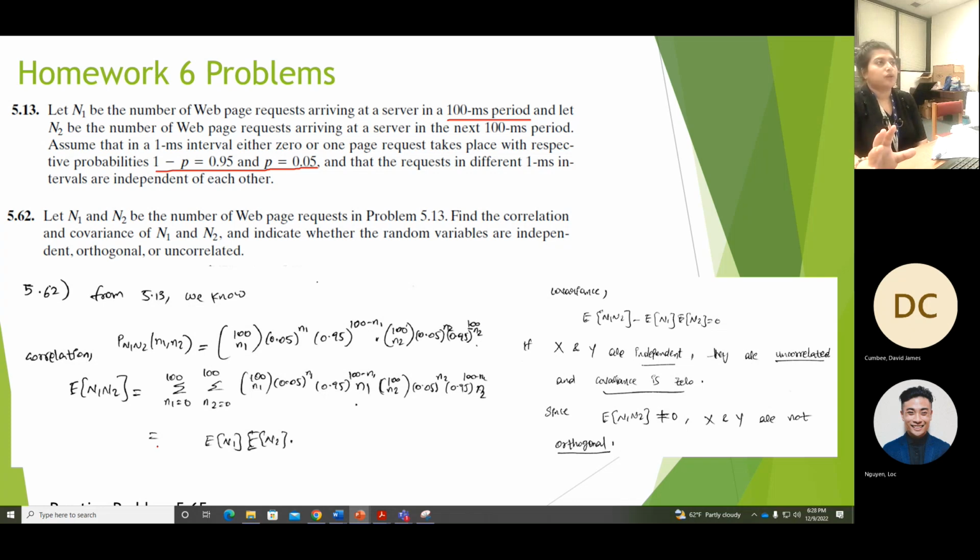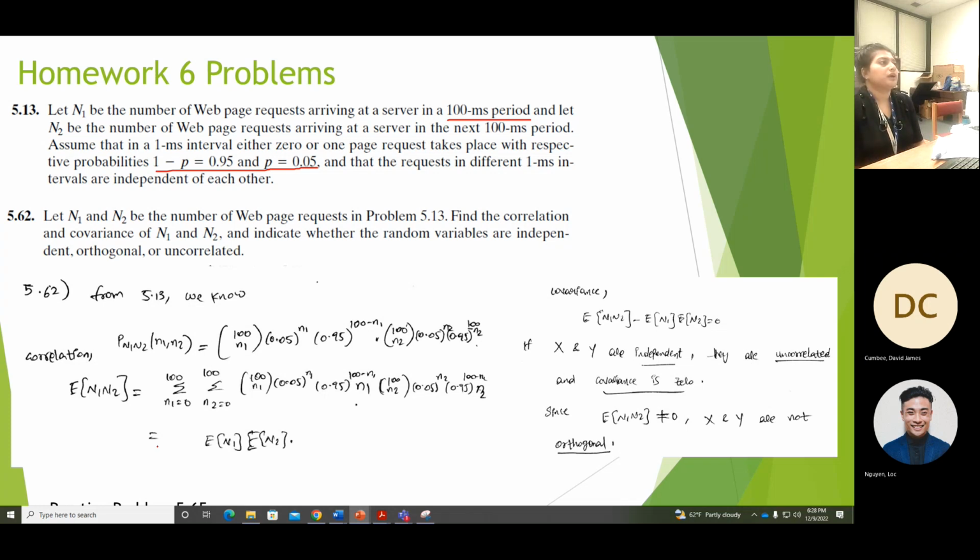That's all we have. So N1 and N2, what kind of random variable is that? You can use Poissons. I have used binomial out here because it's a 1 minus P and P kind of architecture. You already have 100 milliseconds, sorry, not micro, milliseconds period, and N2 is a web page having a similar period.